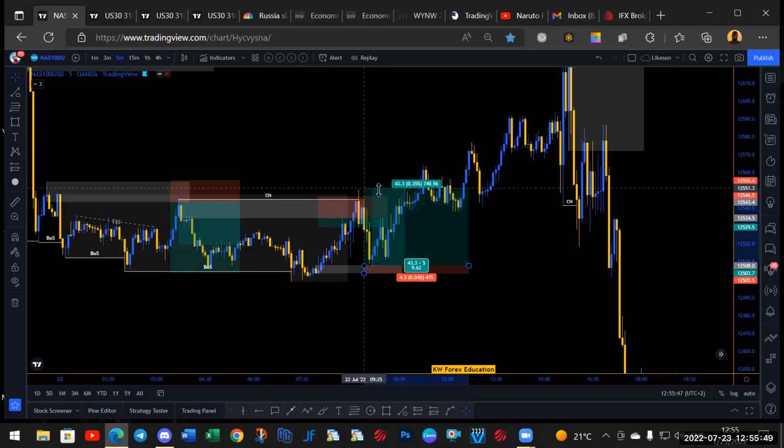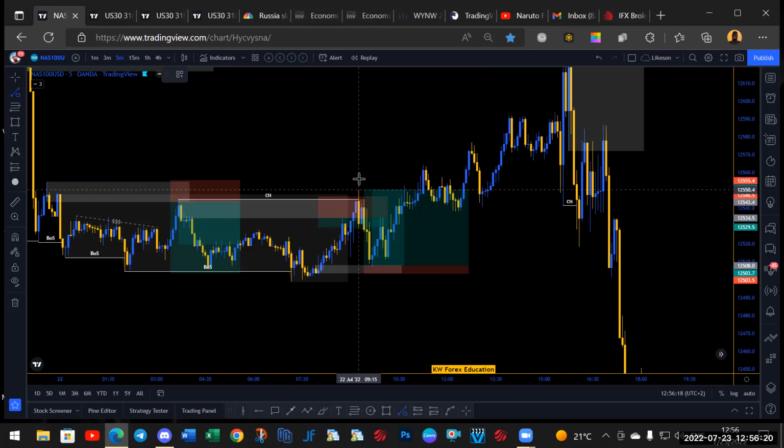Your target is just that one because that's your highest point, right? You don't want to hold it all the way or close it too fast. You want to close it at a reasonable area, and you know that this high needs to be taken out. So that's why your target should be there.